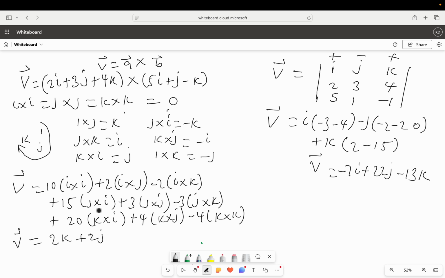Then I have j cross i is just minus k, so it will be minus 15k. Then j cross j is also 0, so I'll just neglect this one. Then j cross k is just i, so I'll have minus 3i.